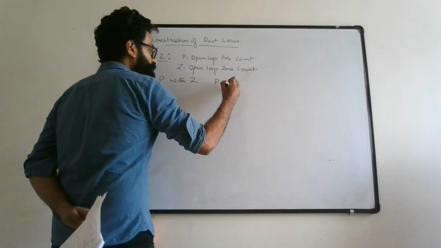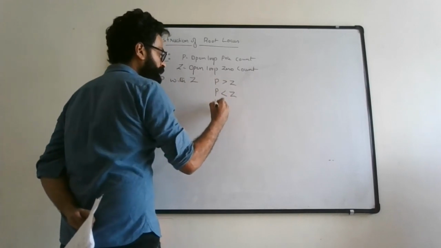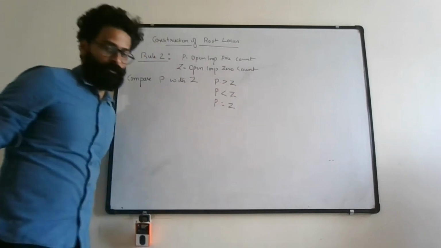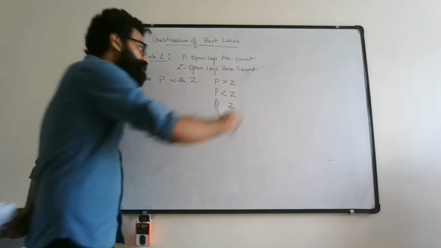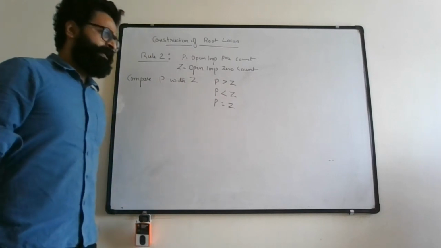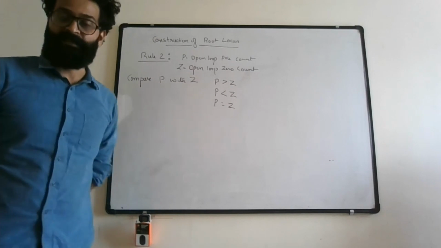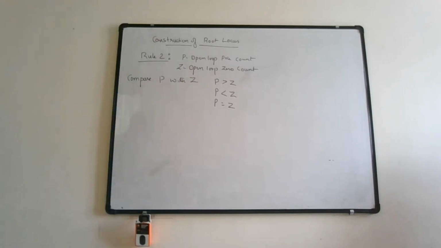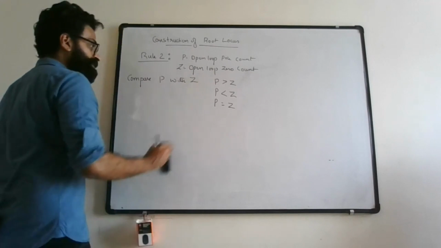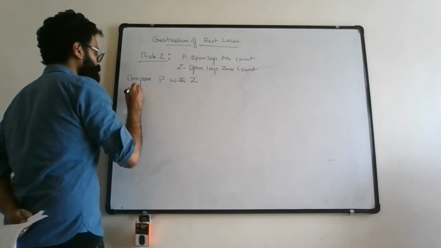You may have P count greater than Z count, or P count less than Z count, or P count equal to Z count. On the basis of these three cases, you can predict the root locus existence. So let us consider these three cases independently.